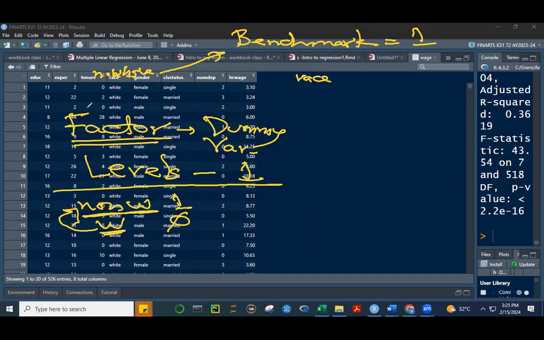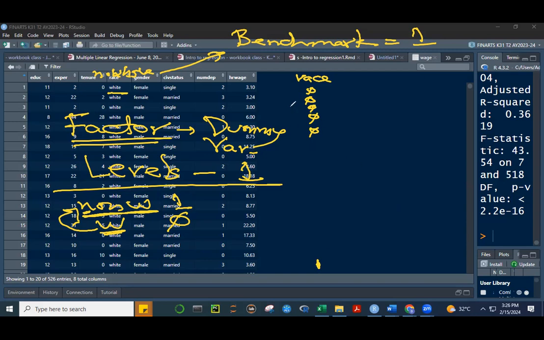Appears first, class, not in chronological order, but rather in alphabetical order. There are only two of them, so white becomes 0. So this race variable will be replaced by this: white is 0. White, 0, 0. So all whites, class, are 0. Wherever your non-white is, 1.